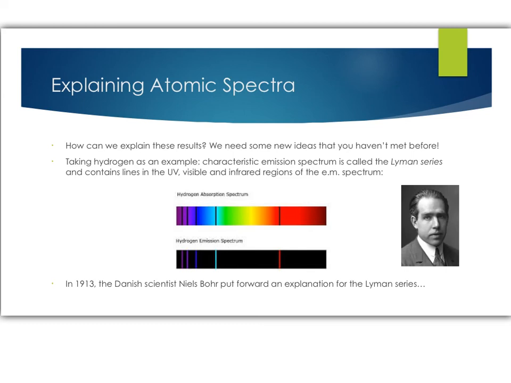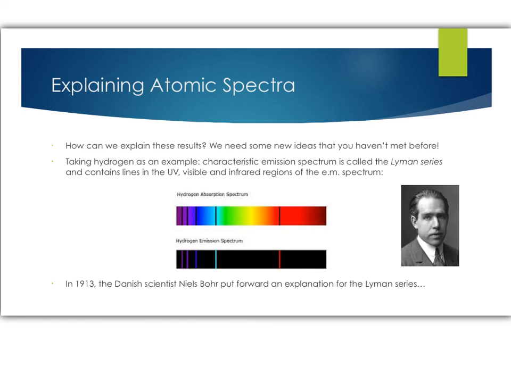In order to do this, we actually need to explore some new concepts that you are unlikely to have come across before. So let's take hydrogen as an example, hydrogen being the simplest element there is with one proton and one electron. And let's look at its emission spectrum.